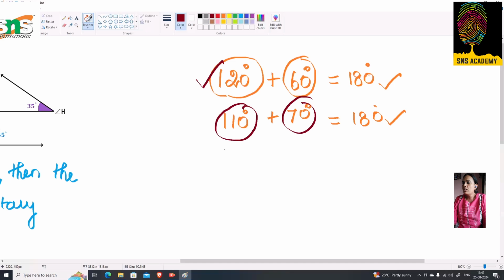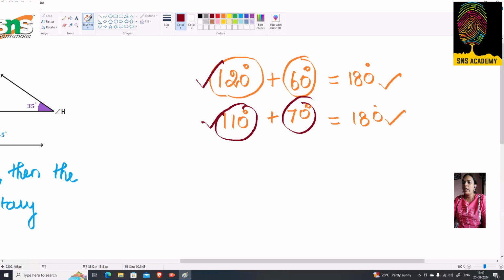When you add 120 and 60, which is equal to 180 degrees, then we call them supplementary angles. Same thing, 110 degrees plus 70 degrees, when you add, we get 180. So that is also a supplementary angle.